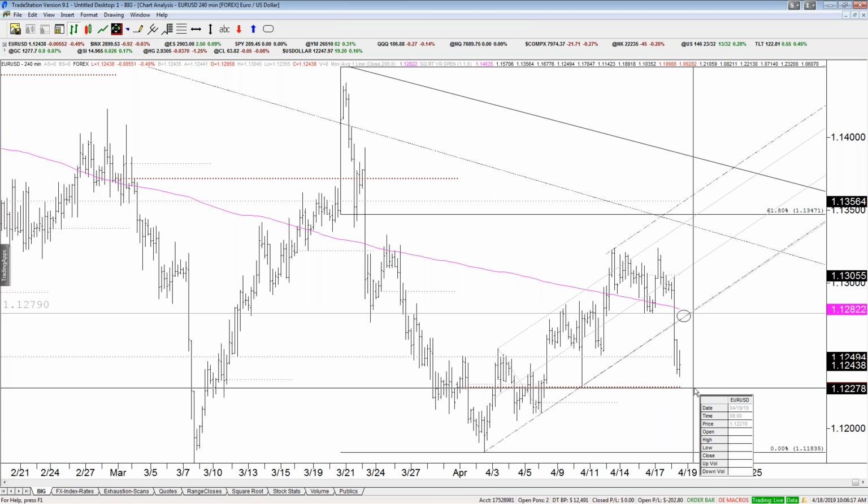At the same time, I don't want to be blinded by the really short-term picture and say that this is a buy right here and that we're going for a bigger move to resistance, and then we potentially fall apart.